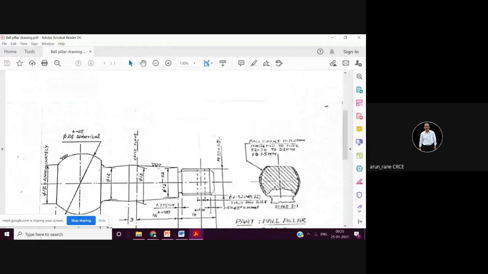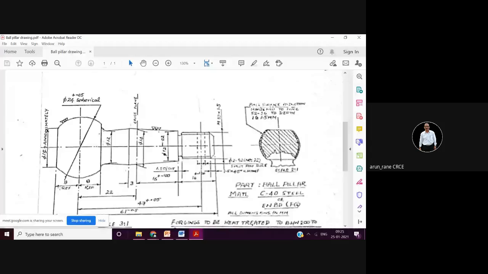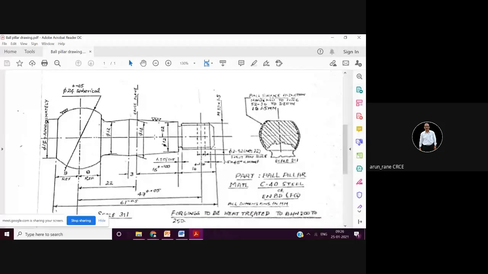Now here, what does this symbol stand for? Three triangles. Now, what is this plus 0.05? What is this spherical? What is this nine reference written here? Then what is this here? I will share the good copy. This is the gauge plane. Then this again, a taper grinding is mentioned here. Then this is minus 0.02, M10 by 1.5.